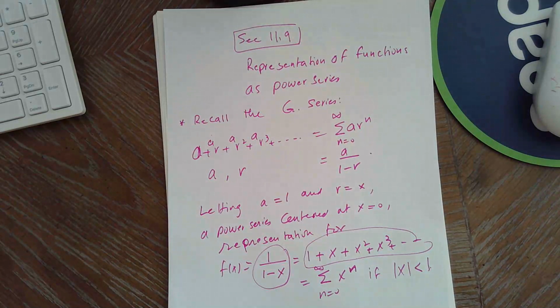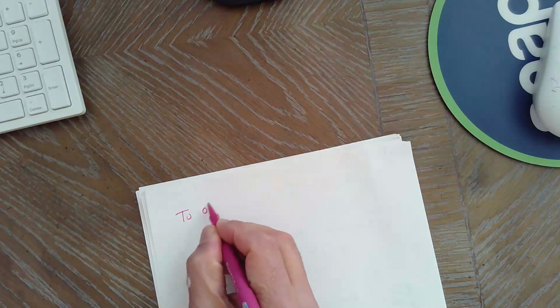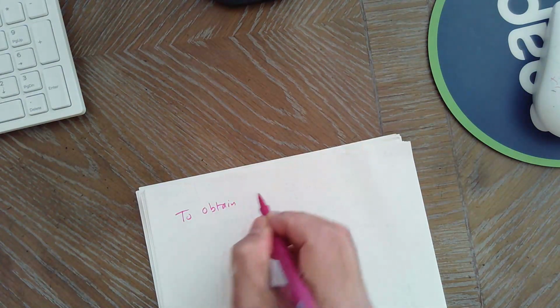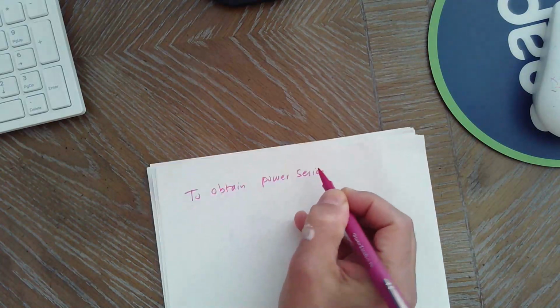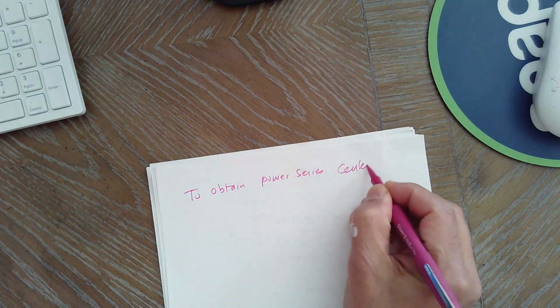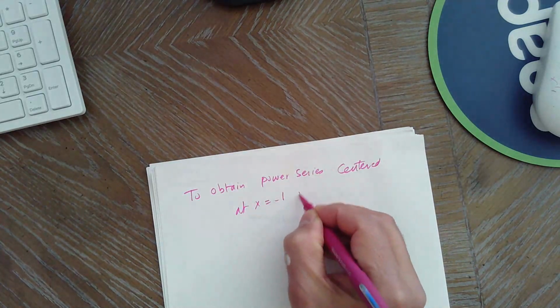So if we want to represent f in another interval, then we have to construct a different power series. For instance, to obtain a power series centered at -1 instead of 0, this is what you would do.